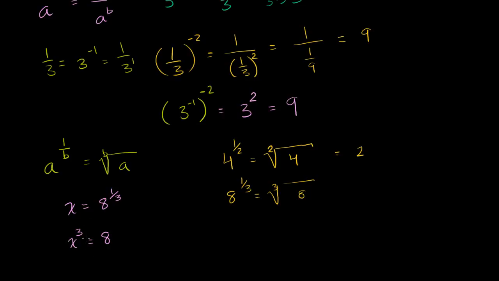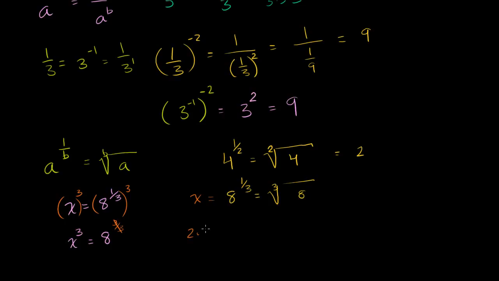And how do I know that these are equivalent statements? Well, I could take both sides of this equation to the 3rd power. On the left-hand side, I get x to the 3rd. On the right-hand side, I get 8 to the 1/3 times 3, which is just 3 over 3, which is just 1. So if x is equal to 8 to the 1/3, what is x?